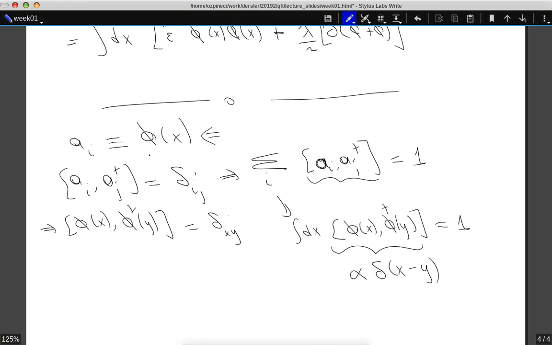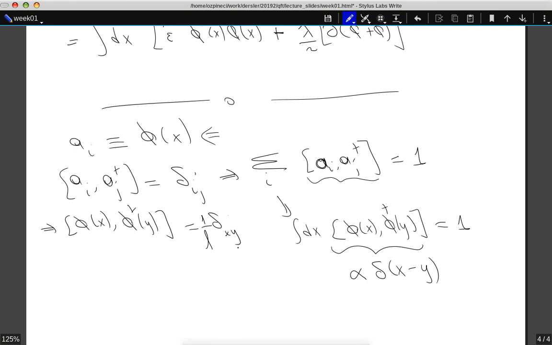You see, what is the definition of the Kronecker delta? It is 0 if the arguments are different, and it is infinite if the argument is 0. So I should actually obtain not Kronecker delta xy, but Kronecker delta xy over L as L goes to 0.